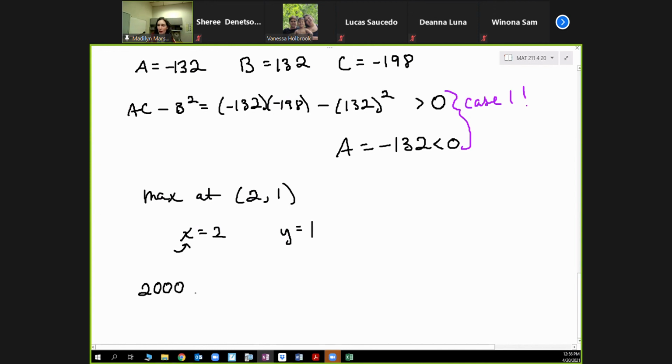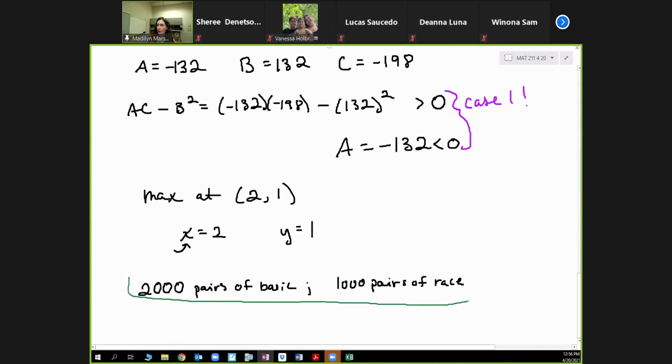So 2,000 pairs of basic, 1,000 pairs of race. So that's actually all this question was asking for: how many of each we should produce to maximize profit.